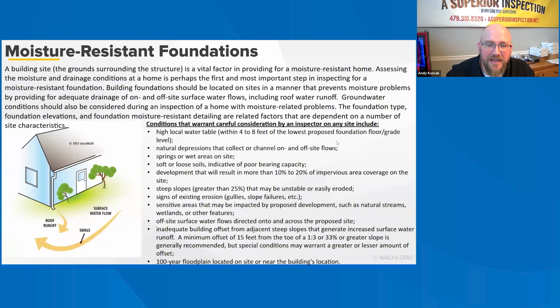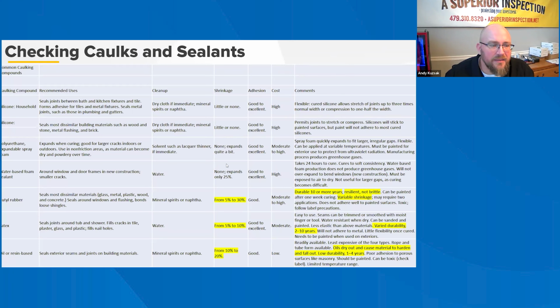You can see here in the diagram, I think this is butyl rubber, latex, oil, and resin based. And I highlighted the shrinkage from 5 to 30%, 5 to 10%. This is especially important with latex. Latex is some of the cheapest caulk that you can get out there, and oftentimes contractors will use it for everything.